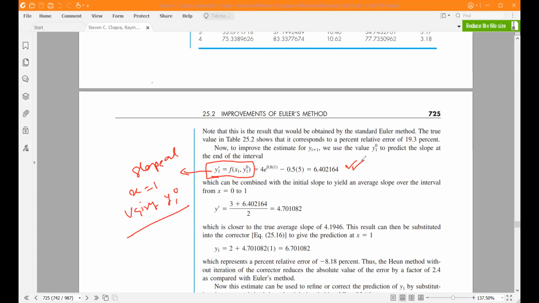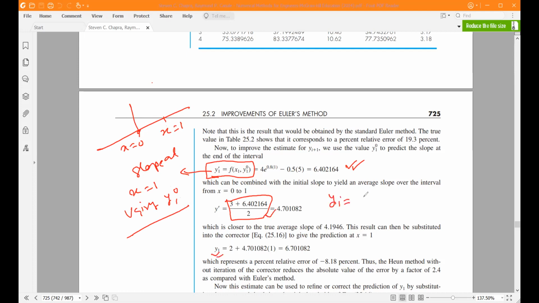Next step, you have calculated your slope at two points, one at x equal to 0 and another at x equal to 1. This slope should be averaged. Once the slope is averaged, you can calculate your value y1.